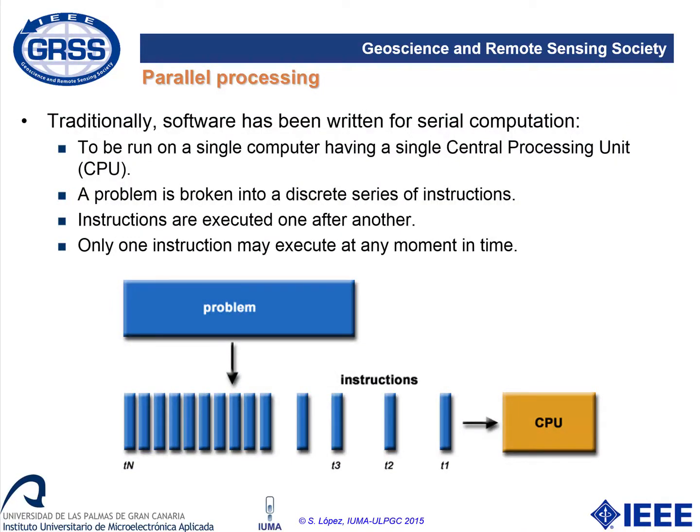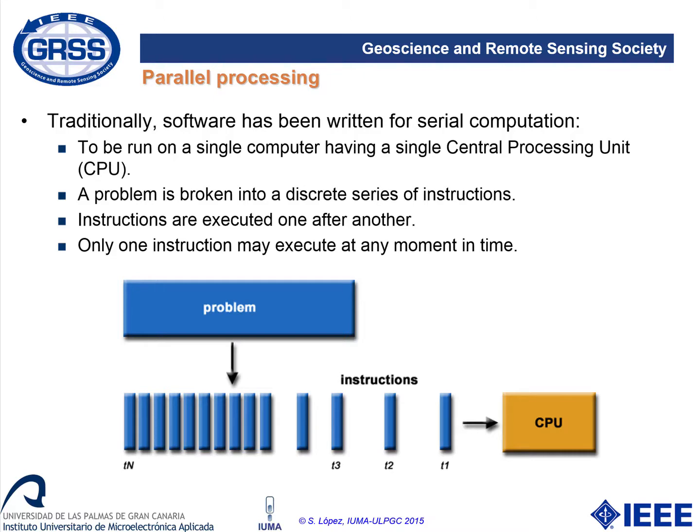Well, in order to accelerate the processing of hyperspectral images, we normally go for a parallel processing solution. So these couple of slides give an overview of what parallel processing is. As you may know, traditionally software codes are written for serial computation.